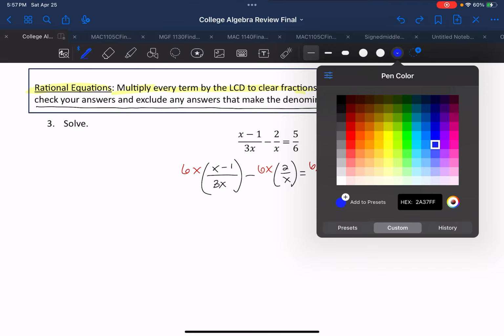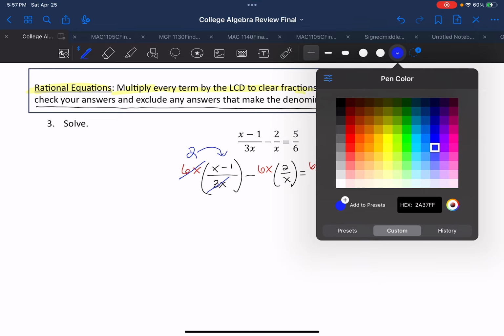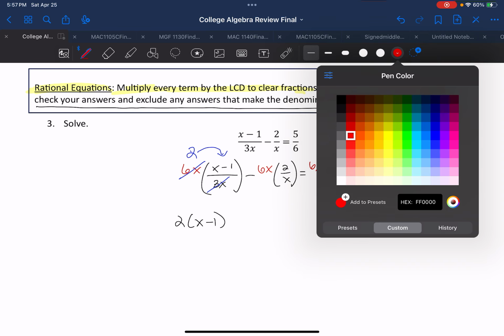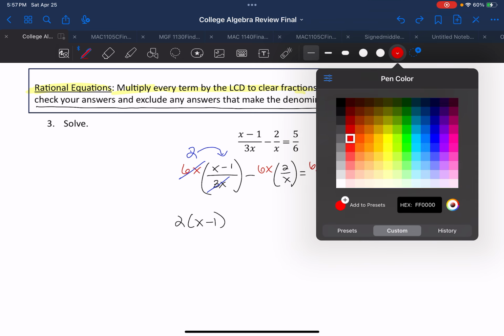So 6x divided by 3x will leave me with just 2. And then I'll take that 2 and multiply it by the x minus 1. And then in the second one, 6x divided by x, the x's will cancel and leaves me with just 6.